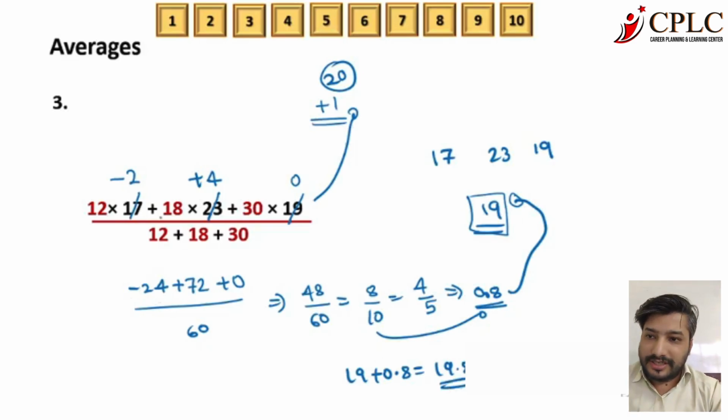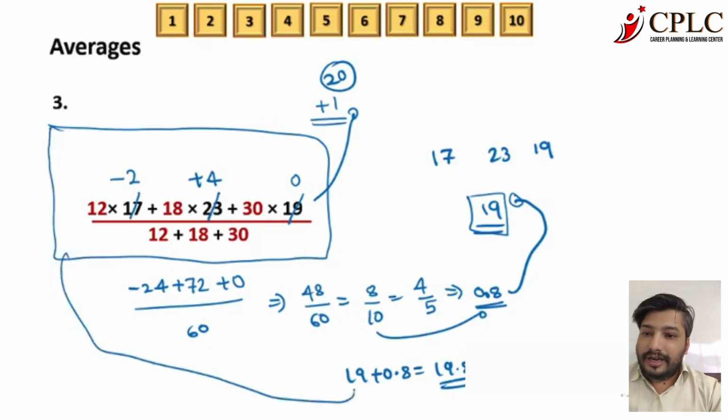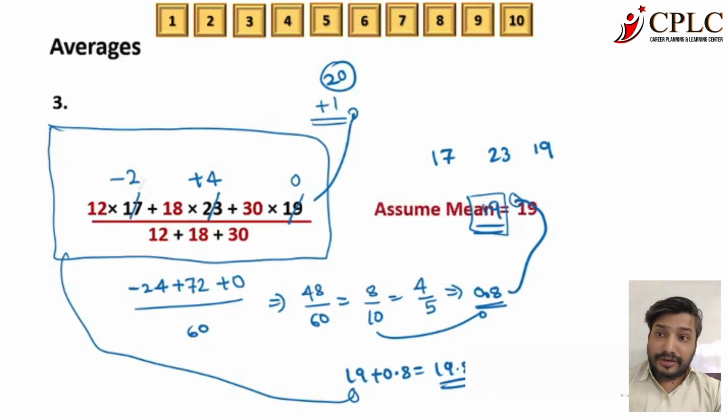Now imagine this easy calculation versus doing the original calculation and then getting 19.8, which will be super difficult without a calculator, and you can make a lot of mistakes in the calculation. So learn these easy methods which make your life much easier basically. So that is the whole concern here. So that was our third question.